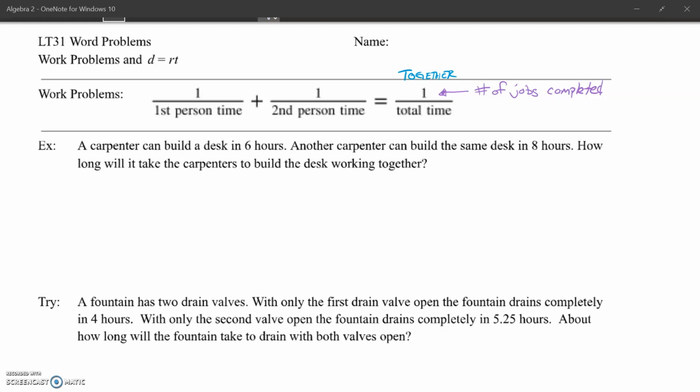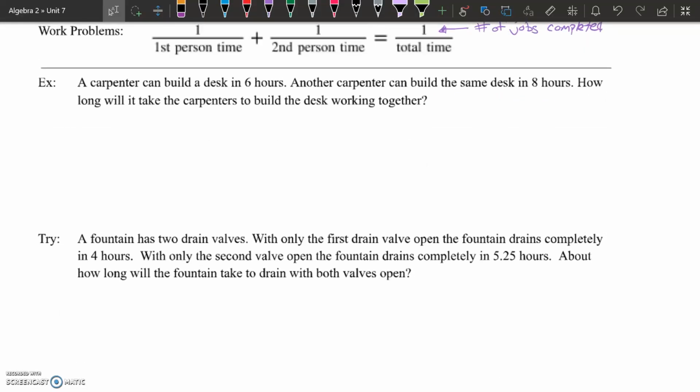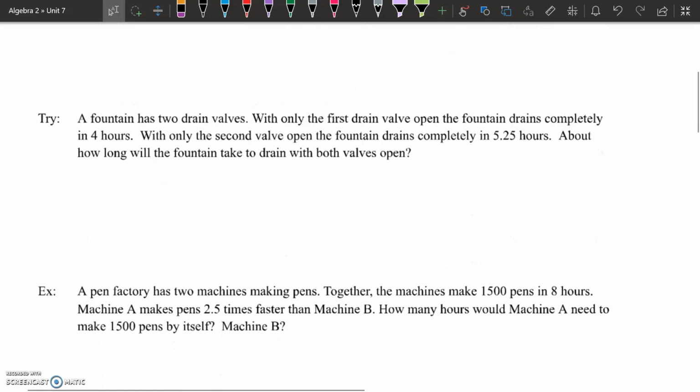So if we look at our examples here, in the first example, a carpenter can build a desk. Well, it's one desk, so the numerator would be 1. In our second one, we have a fountain with 2 drain valves. If the first drain is the only one that's open, it drains completely in 4 hours. The job is draining completely. Well, it's not going to do that more than one time, so the numerator is 1.